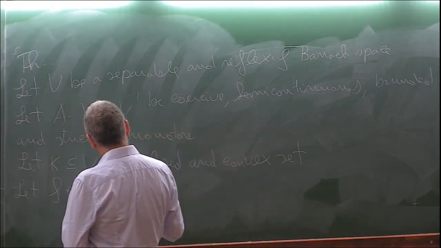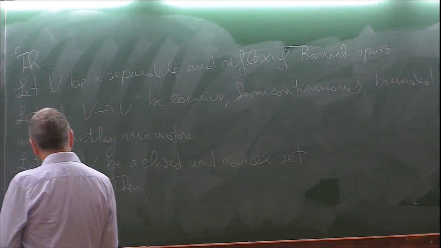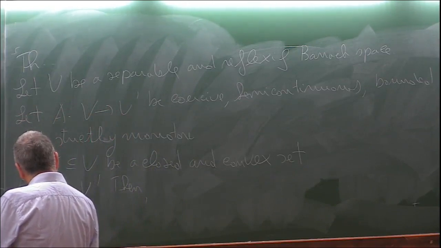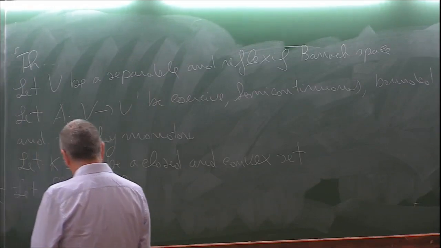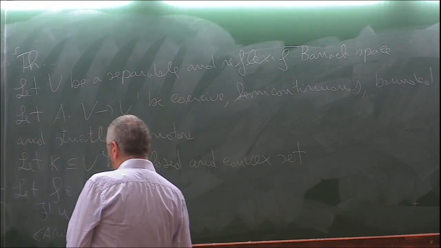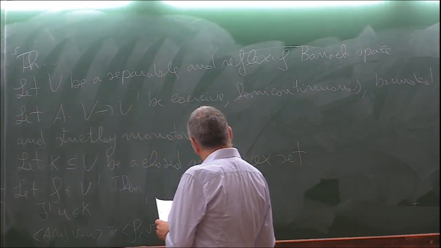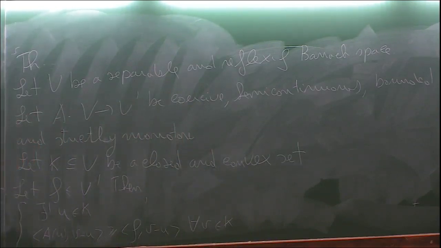Then there exists a unique u in K such that the pairing of A of u with v minus u is greater than or equal to the pairing of F with v minus u, for every v in K. This is the abstract theorem proved by Lions in his book.